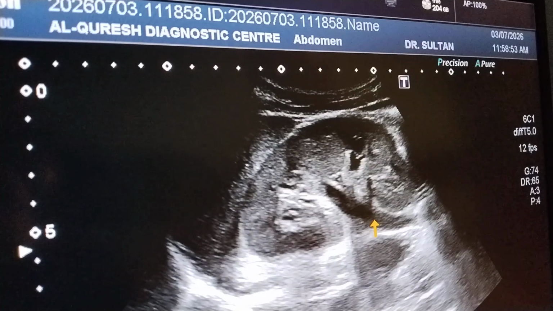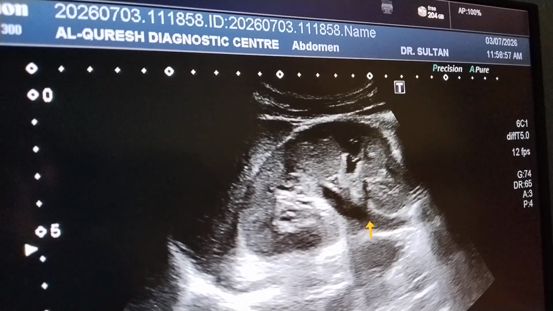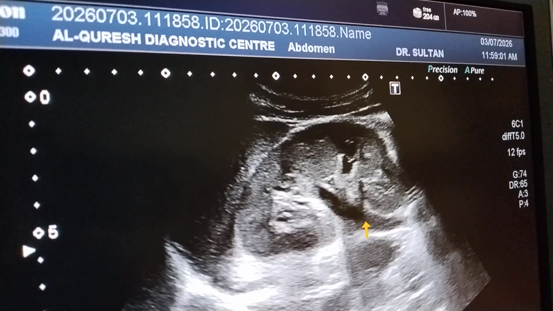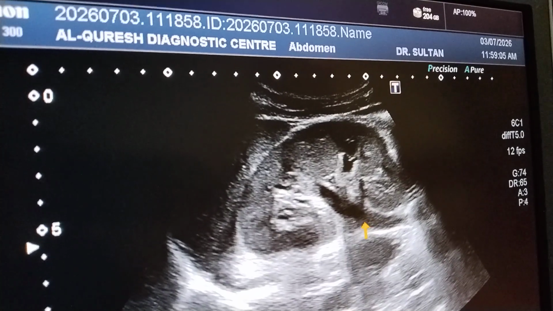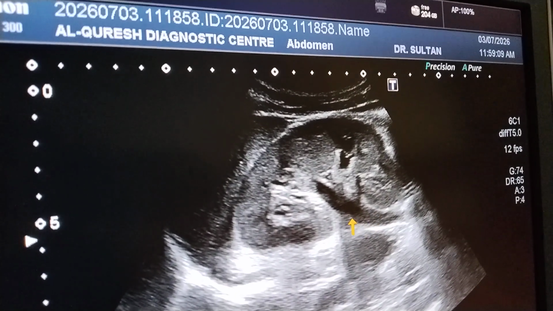The best thing for the sonographer is, if the ureter is dilated, then it is easy to trace it. So this ureter is dilated, so we can easily appreciate it.